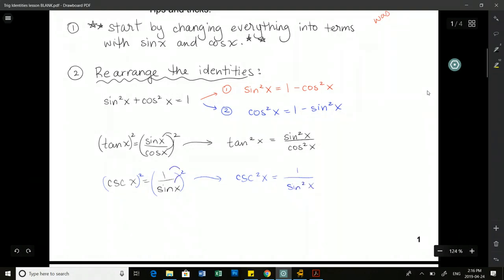We can do this with all of the reciprocal identities, so add that to your sheet. It's true for secant and cotangent as well: secant squared equals 1 over cos squared, and cotangent squared equals 1 over tan squared.